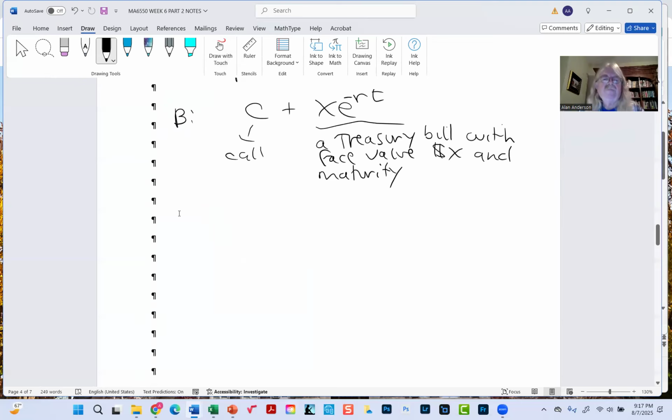So the zero coupon bond, as it's called, is one where the bond is sold at a discount to the face value, which in this case, well, it could be anything, but here we're assuming that it's equal to the strike price of the two options.